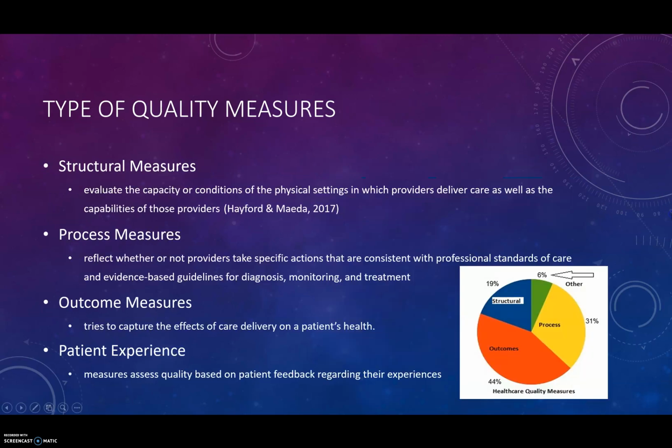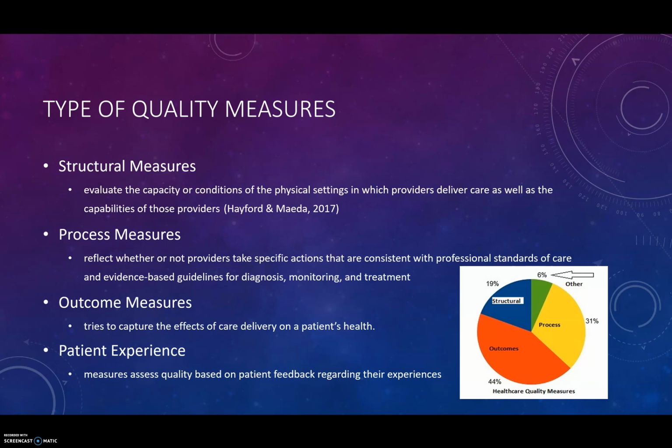There are four types of quality measures: the structural quality measure, the process quality measure, the outcome quality measure, and the patient experience. The structural measure evaluates the physical settings in which care is being provided and the capability of that provider. For example, the number of nursing care hours per patient day.